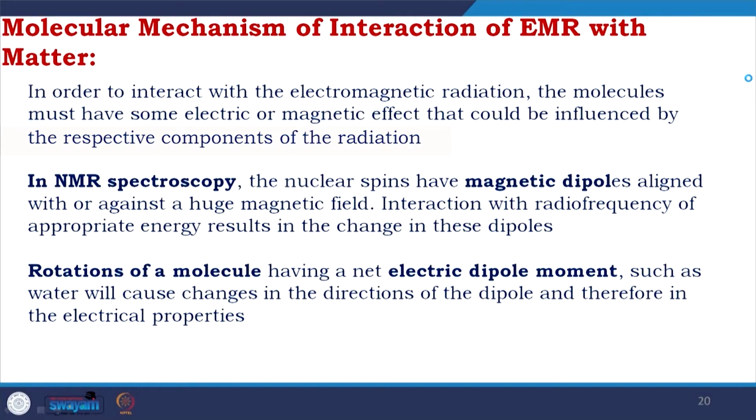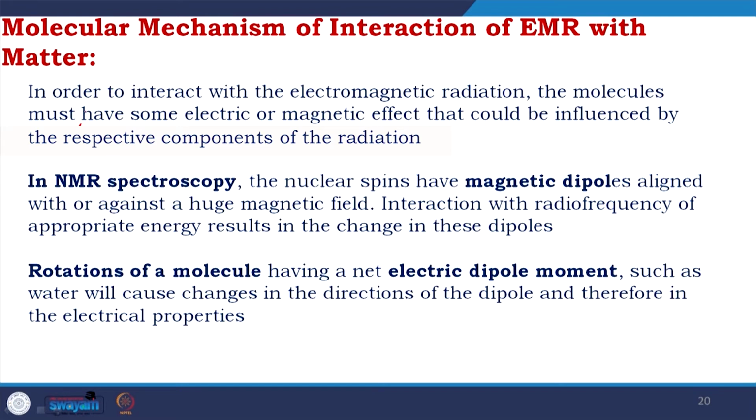So, looking at the molecular mechanism of interaction of electromagnetic radiation with matter. In order to interact with the electromagnetic radiation, the molecules must have some electric or magnetic effect that could be influenced by the respective components of the radiation.